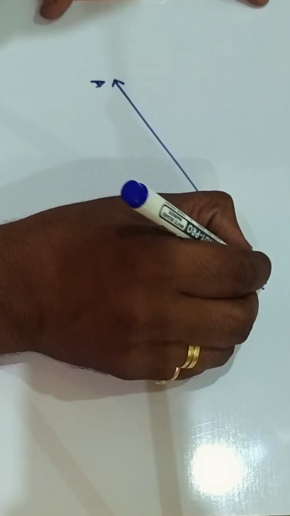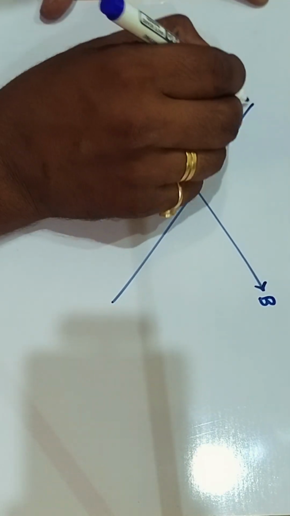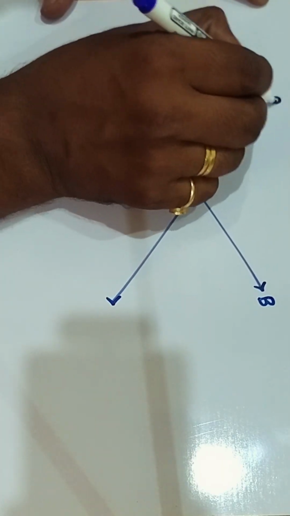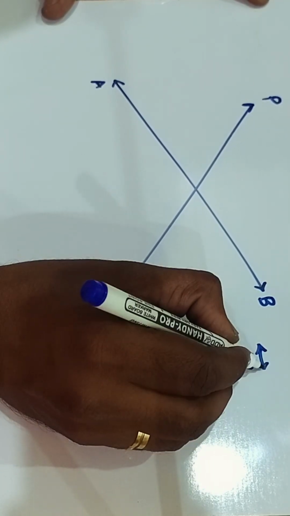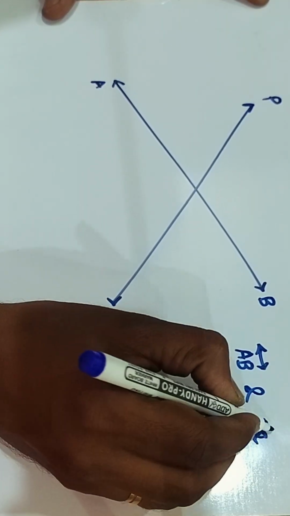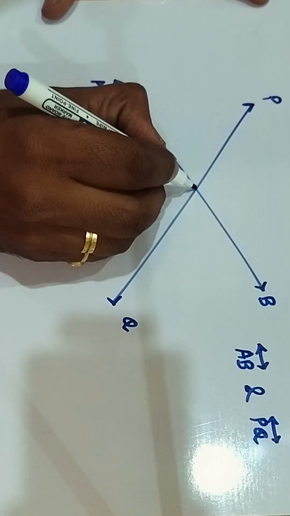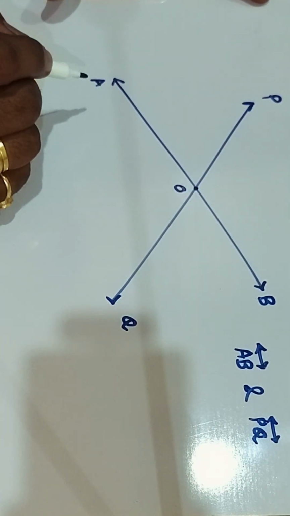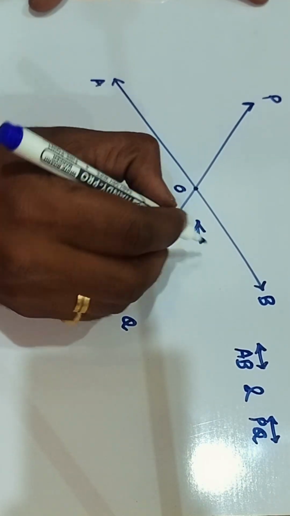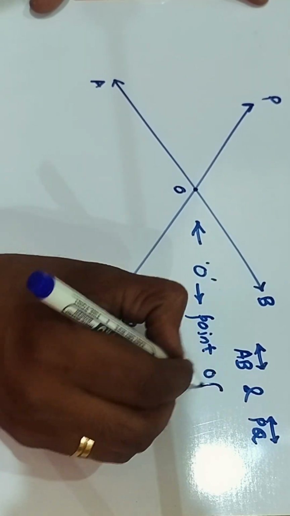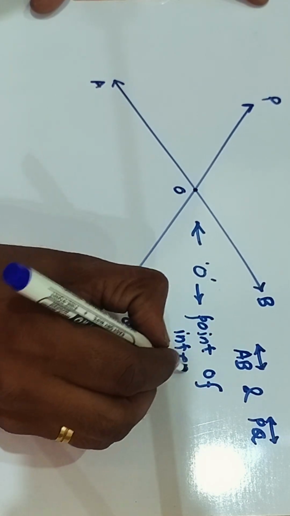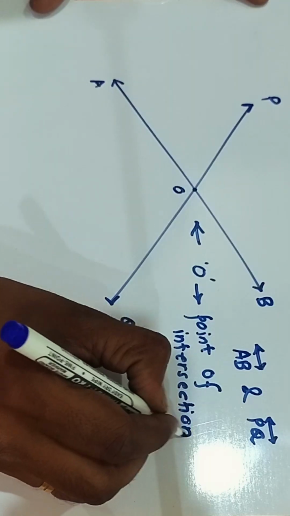Now pay attention to this wonderful concept. This is line AB. This is another line PQ. Now line AB and line PQ intersect each other at a point O, and this point O is called the point of intersection.